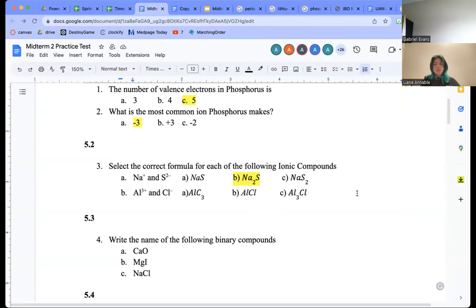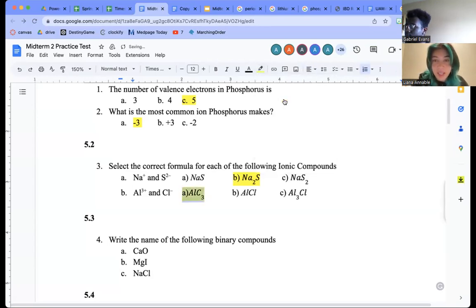All right, let's go on to B for aluminum and chlorine. What did we put? A lot of A's. And essentially the same thing as the last problem. So good job, you're all correct. A is correct.